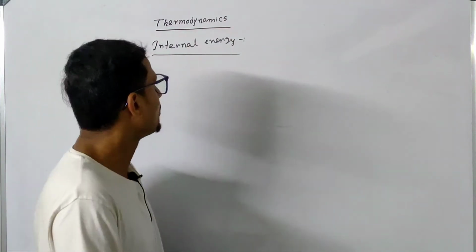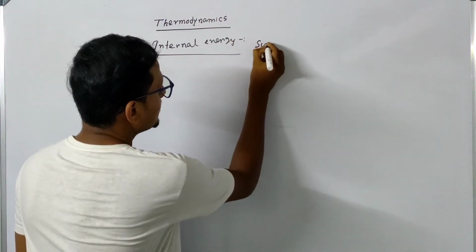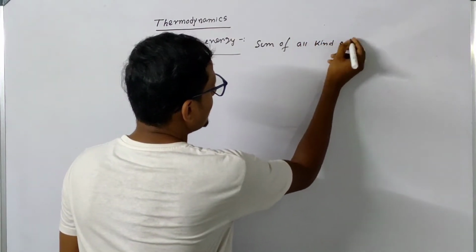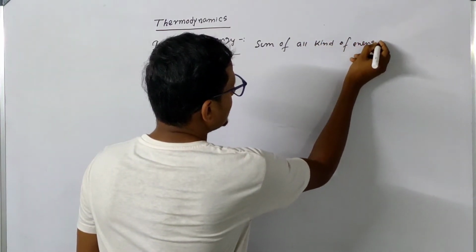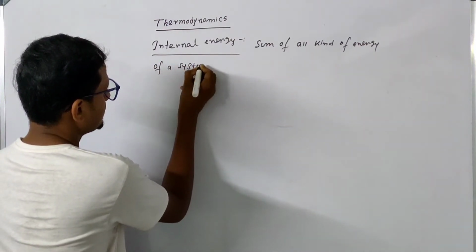So total energy is nothing but the sum of all kinds of energy of a system.